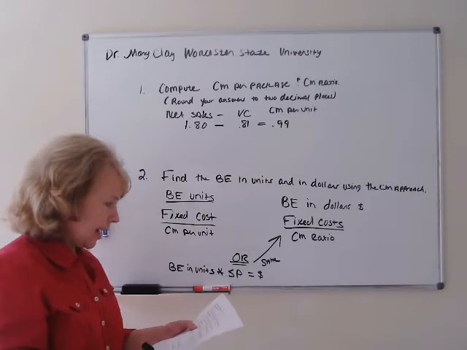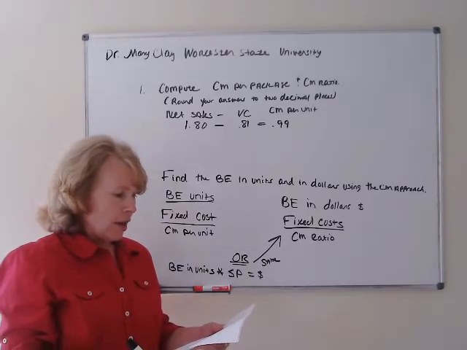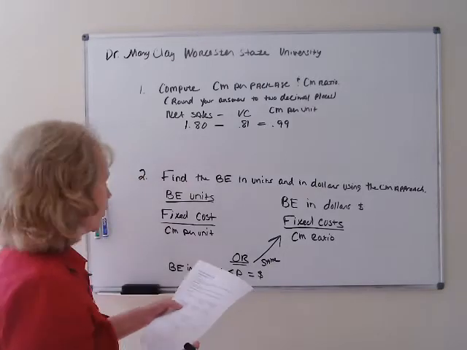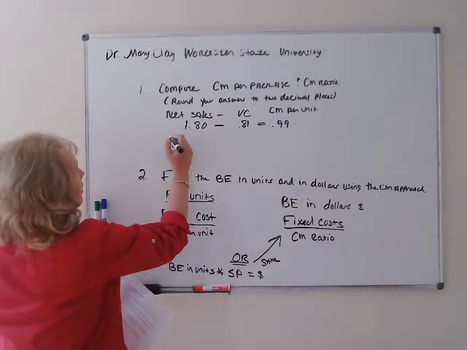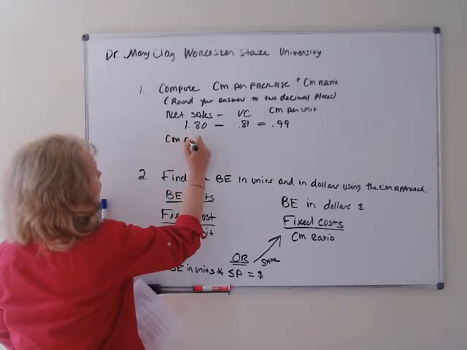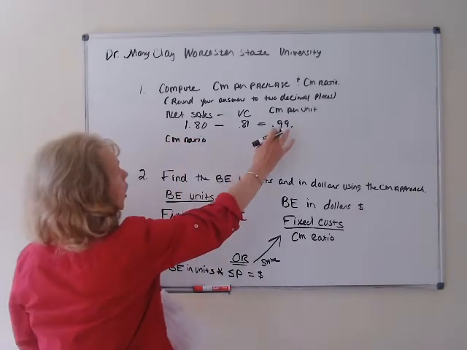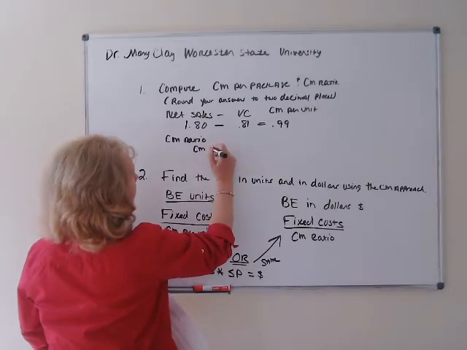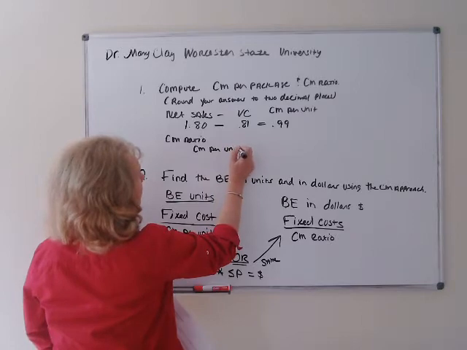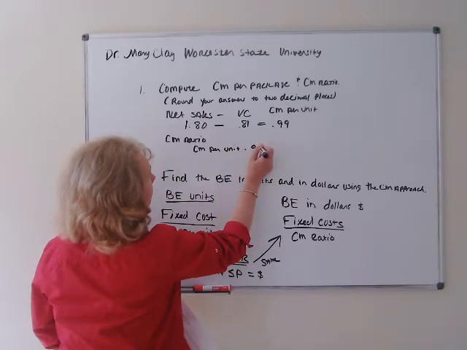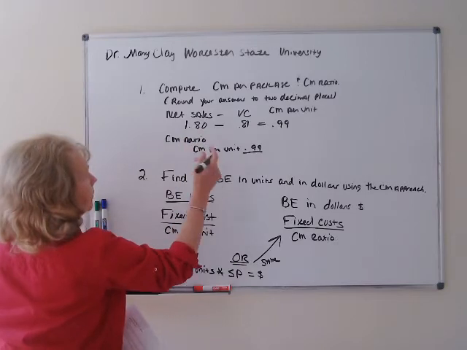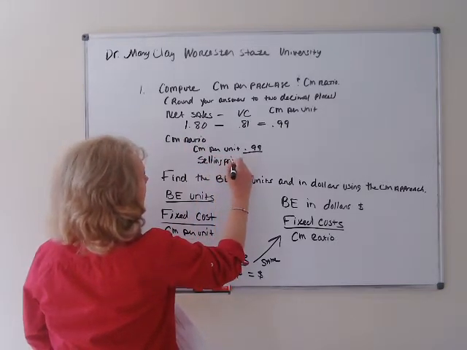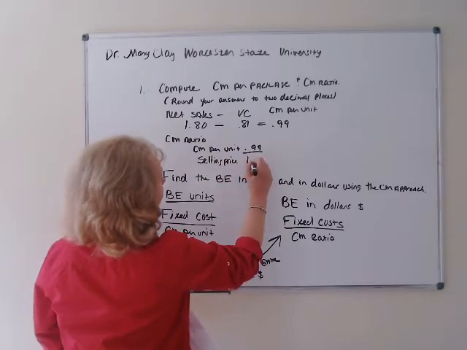The second thing it wants is the contribution margin ratio. The CM ratio is always your contribution margin per unit, 0.99, divided by the selling price, which is $1.80.